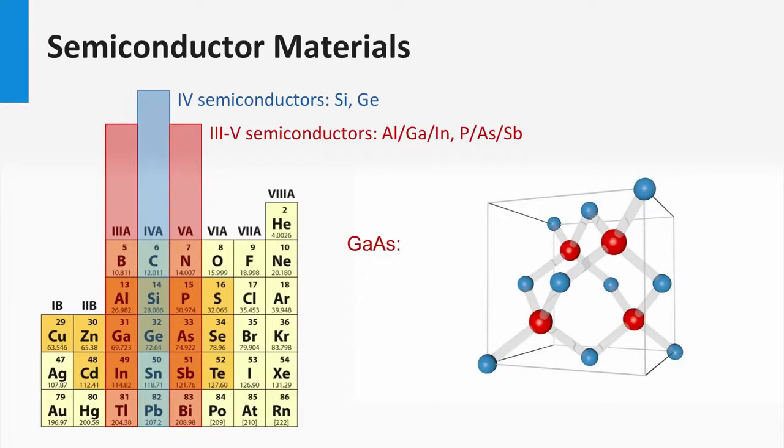These materials can, similar to silicon, form a diamond cubic crystalline lattice. In the crystalline lattice shown here, the gallium atoms are the blue atoms and the arsenic atoms are the red atoms. The difference with silicon is that every gallium atom is neighboring 4 arsenic atoms, and every arsenic atom is neighboring a gallium atom.